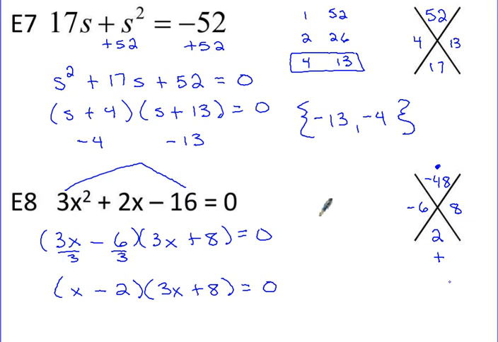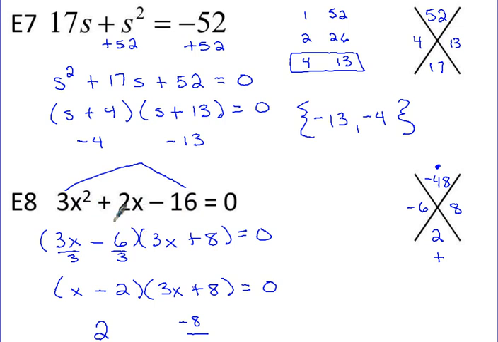Now, this is the first one we had to solve where we're going to get a fraction answer, but I'm going to show you a very short way to do that if you'll watch this. We still do the opposite of negative 2, which is positive 2. On this one, we're still going to do the opposite of positive 8, which is negative 8. But because it has a number in front of x, we've got to divide by this number.